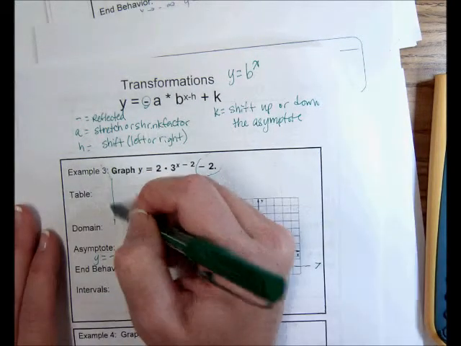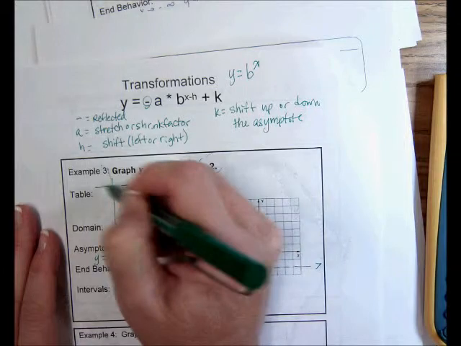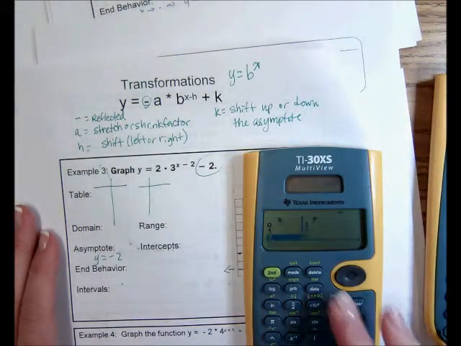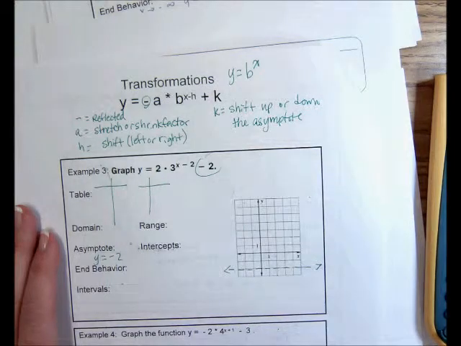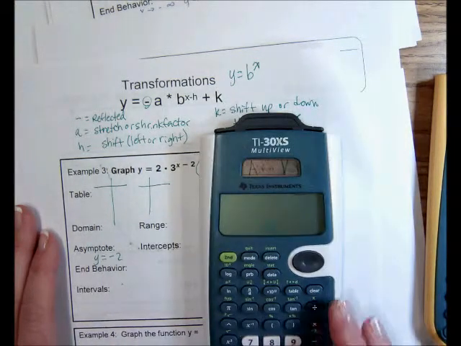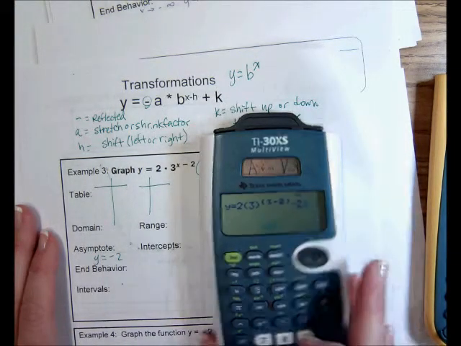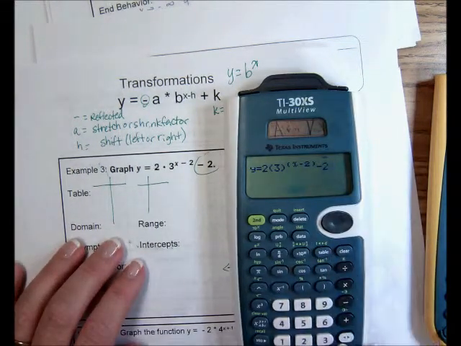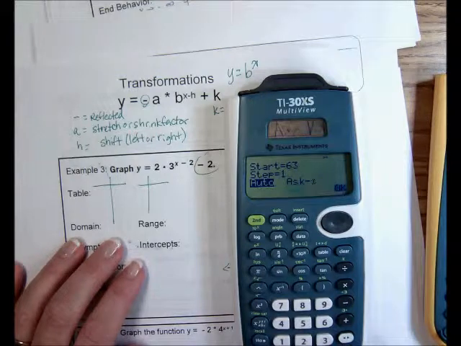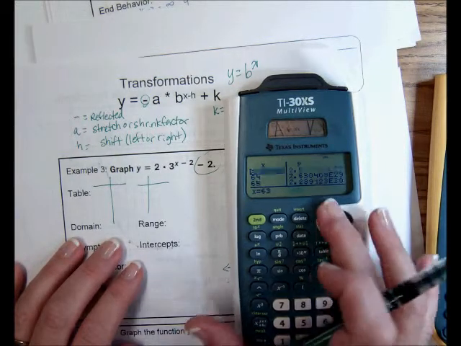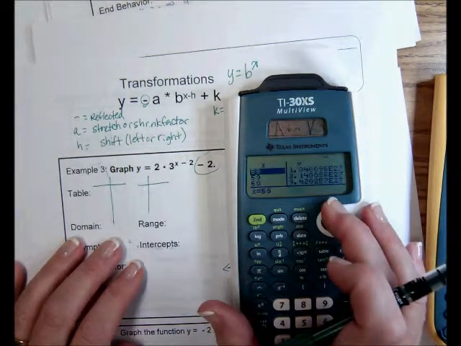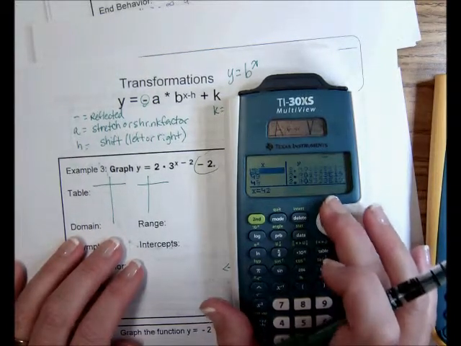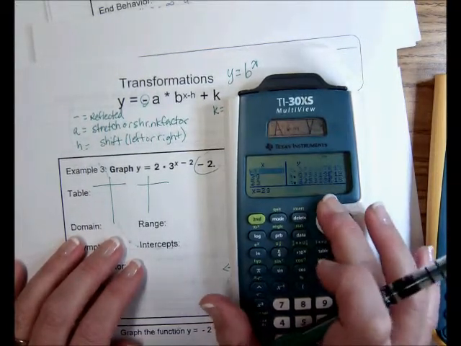So I'm going to put my function in my calculator, and I do believe that I already have that function in there. Let's see. I sure do. So I've already placed it in here, so I'm just going to get my table, and I'm going to have to scroll up because for some reason it started at 60, and that's just based on the calculator.